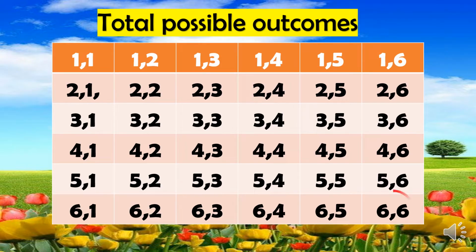So that means there is only one possibility that two sixes will occur.